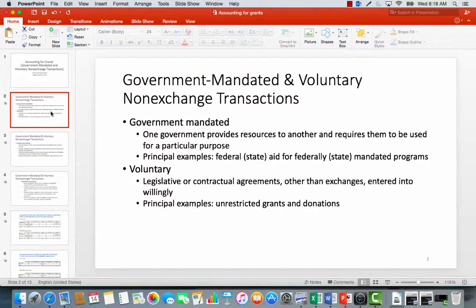This will include, to the extent that they're available, unrestricted grants and donations, meaning support aid that is provided with no strings attached, other than the expectation that the government is going to use it in its operations and its provision of service, but it's not provided with the intention of being spent on one particular program or one particular type of service.